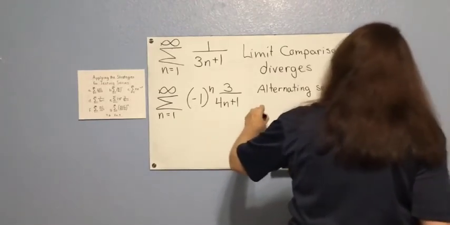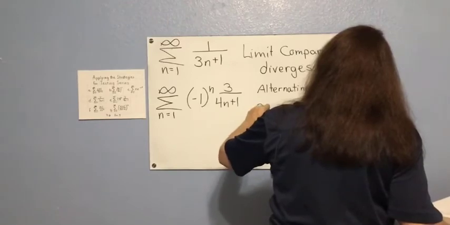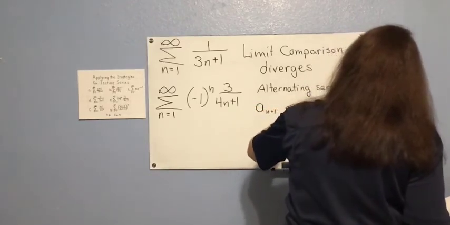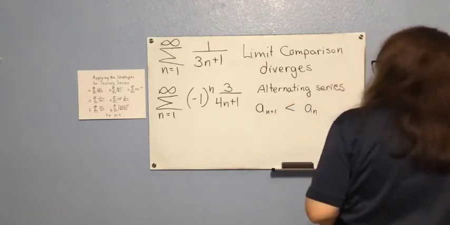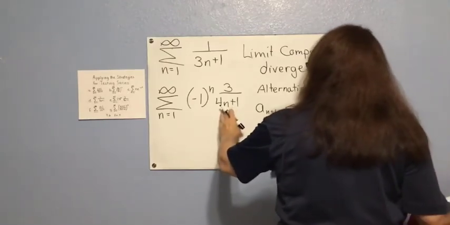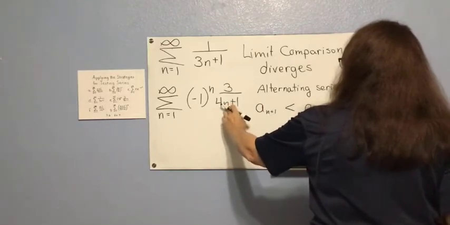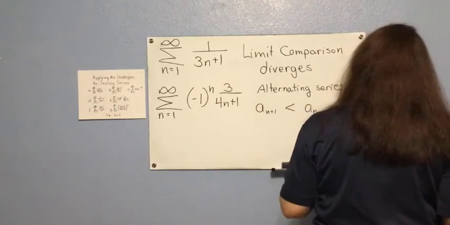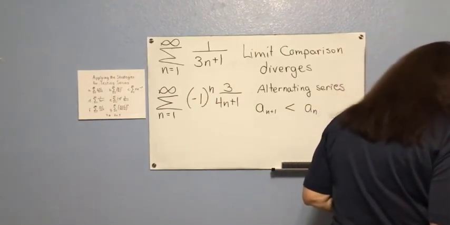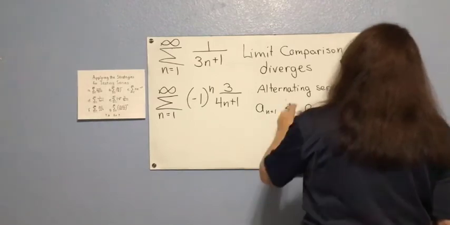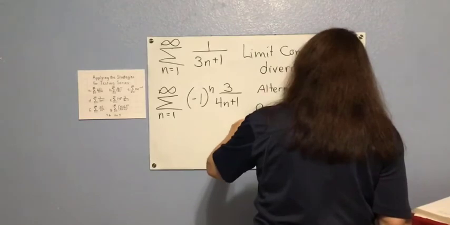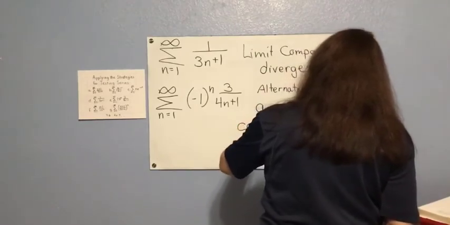And so I'm going to check, is a sub n plus 1 less than a sub n? When I look at this, yeah, when I increase n by 1, the denominator gets bigger, which means that the term gets smaller. Okay, so I can use the alternating series test and see that this converges.